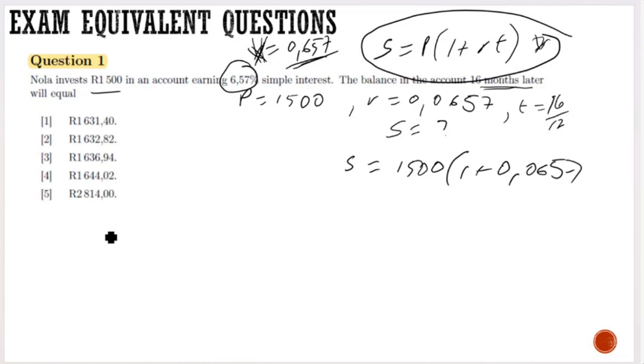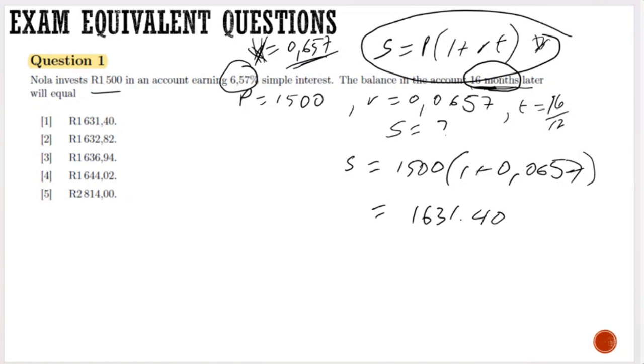This is 0,0657. If you are not sure, plug it into your calculator so that you can get the correct value of your interest. So this is going to be equal to 1631.40. This one is straightforward. The only thing you needed to take care of was the time period.